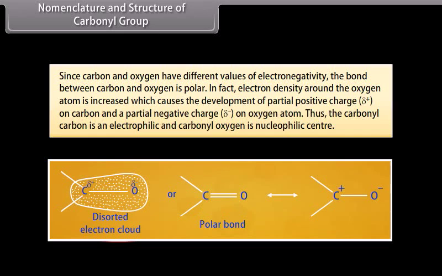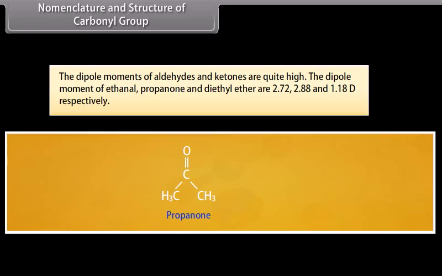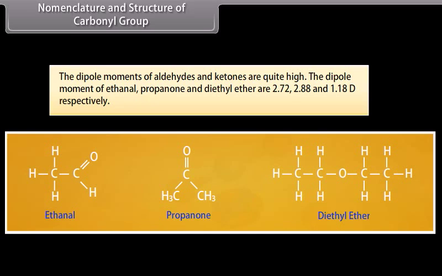Thus, the carbonyl carbon is an electrophilic and carbonyl oxygen is nucleophilic center. The dipole moments of aldehydes and ketones are quite high. The dipole moment of ethanal, propanone, and diethyl ether are 2.72, 2.88, and 1.18 debye respectively.